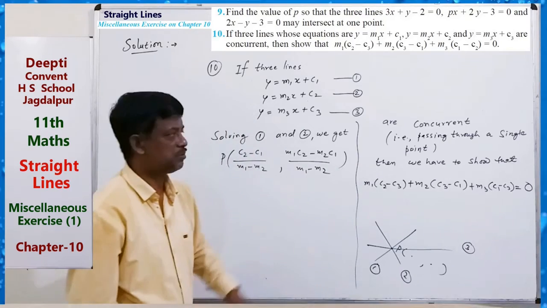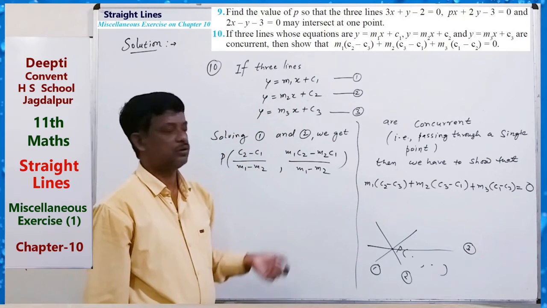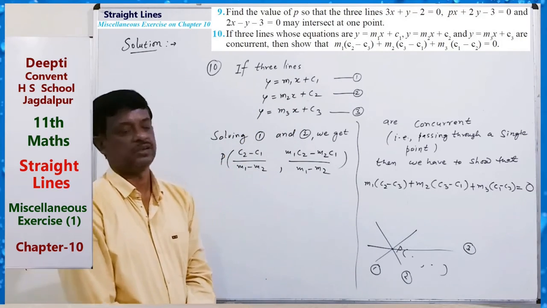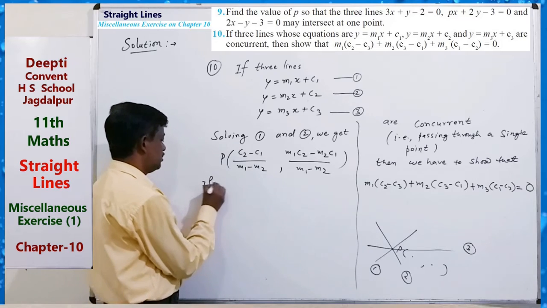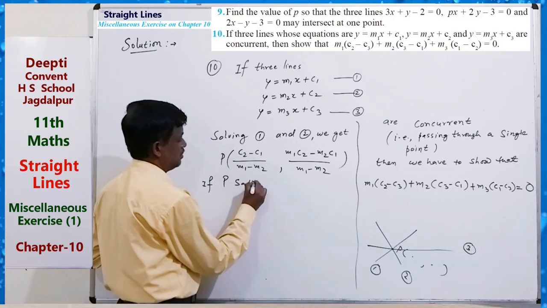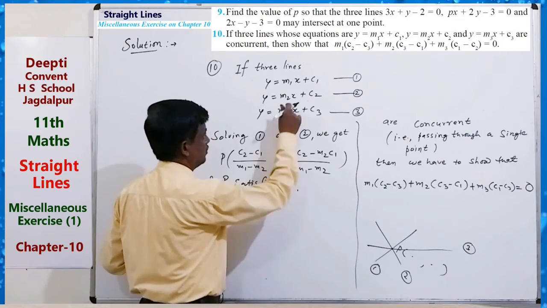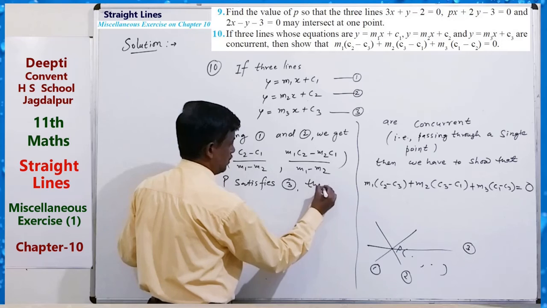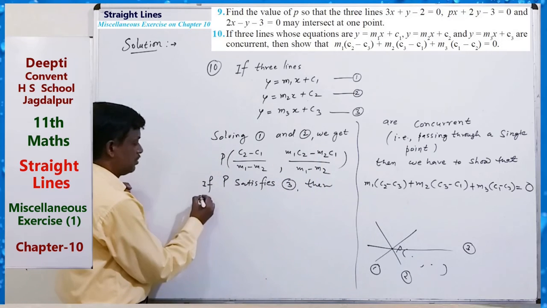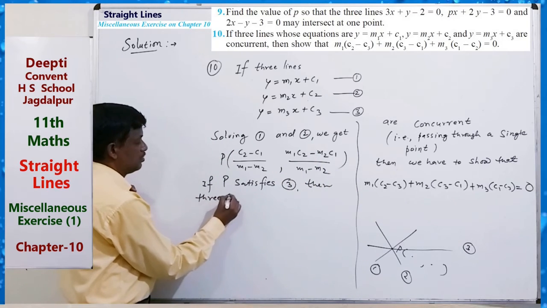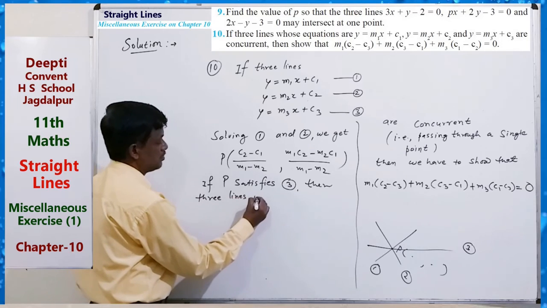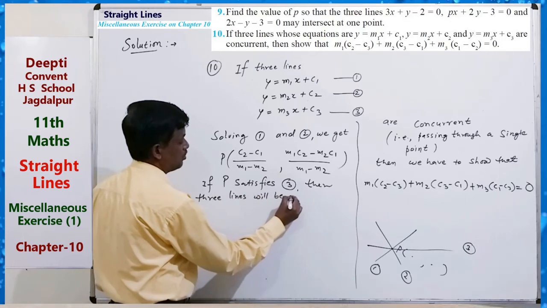We get this after solving these two. Intersection as P. If P satisfies the third, then the three lines will be concurrent.